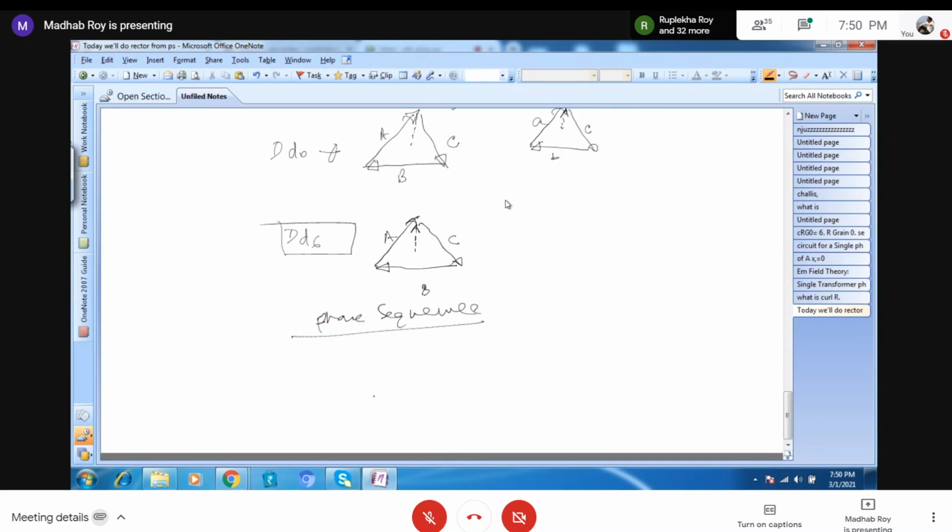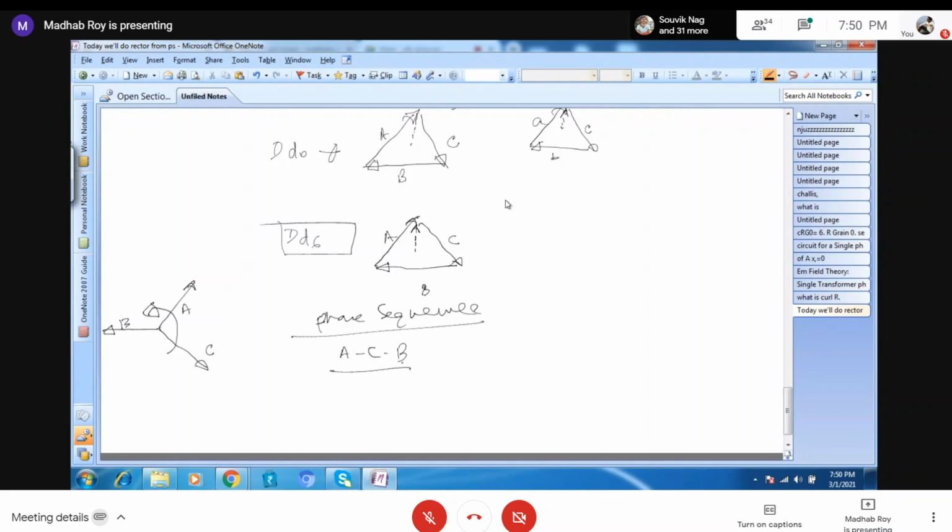So if you draw here, this will be A, then this will be C, then this will be B. So obviously the phase sequence is ACB.